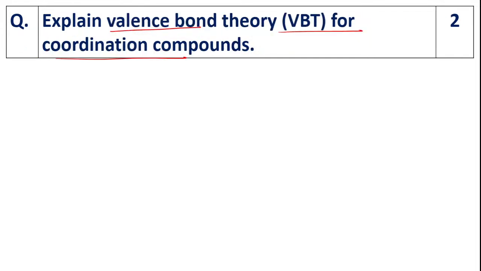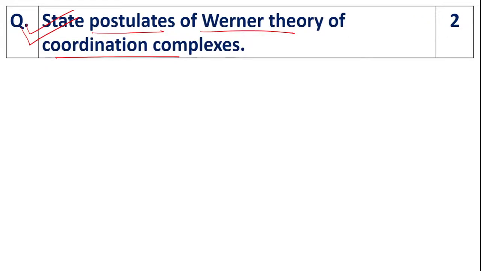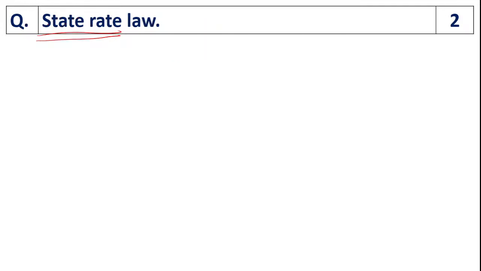VBT व्हॅलन्स बॉन्ड थेरी, त्यांचे अजम्पशन्स किंवा पॉस्टुलेट्स. इफेक्टिव्ह ॲटॉमिक नंबर रूल, इफेक्टिव्ह ॲटॉमिक नंबर रूल म्हणजे काय, तो फॉर्म्युला. स्टेट पॉस्टुलेट्स ऑफ वर्नर थेरी ऑफ कोऑर्डिनेशन कॉम्प्लेक्सेस, वर्नर थेरीचे पॉस्टुलेट्स नोट्स करायचे, ओनली पॉस्टुलेट्स. स्टेट रेट लॉ, रेट लॉ म्हणजे काय, आणि रॉड्स लॉ पण आहे माहिती ना.